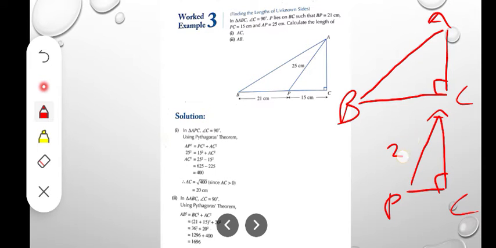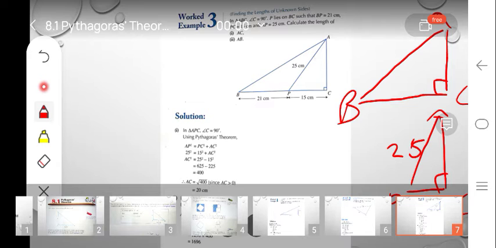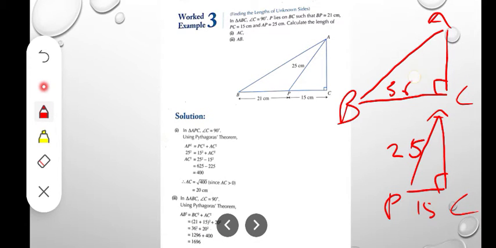From the figure, we know that this is 25 centimeter. This is 15. Right. This is 36. Why? Because 21 plus 15, right? This one, the length of this. Okay, AB is not yet known.